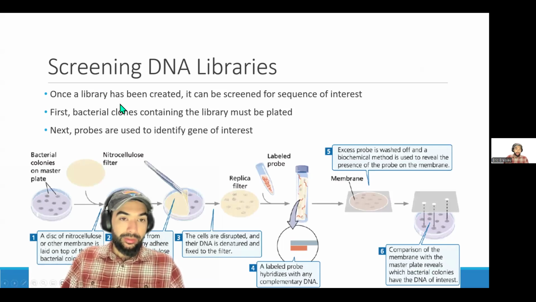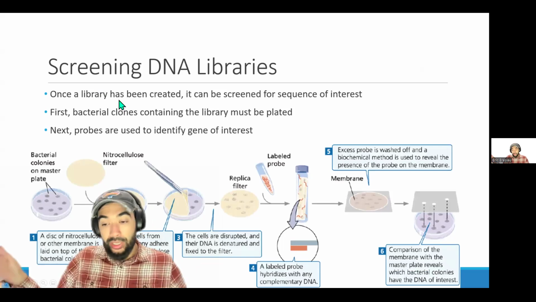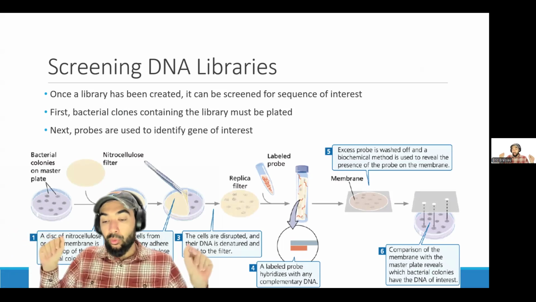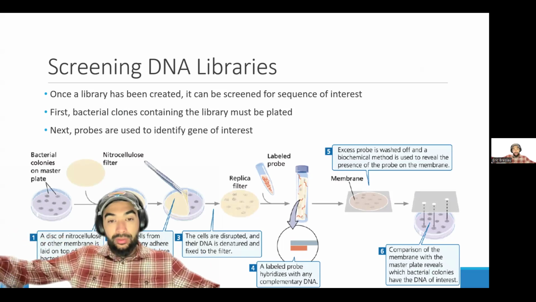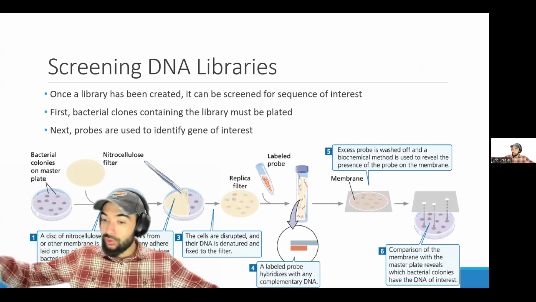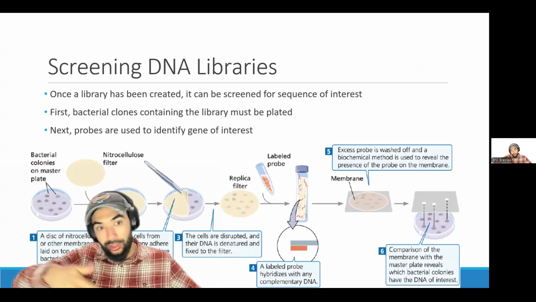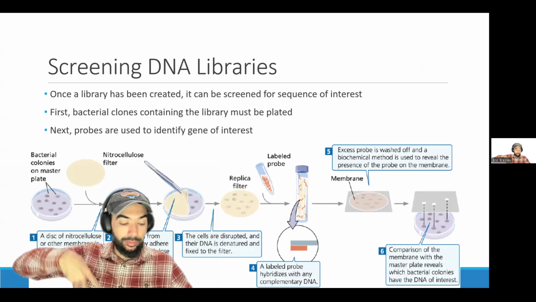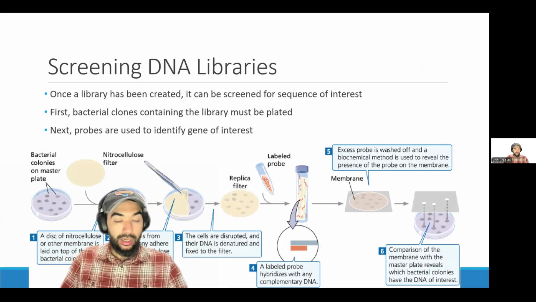Okay, so once we have created a DNA library, we have this entire sequence of DNA that includes some coding regions or genes and some non-coding regions like introns and then anything outside of genes. How can we screen our sample set for sequences of interest?